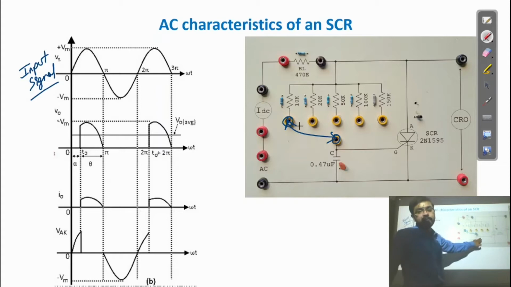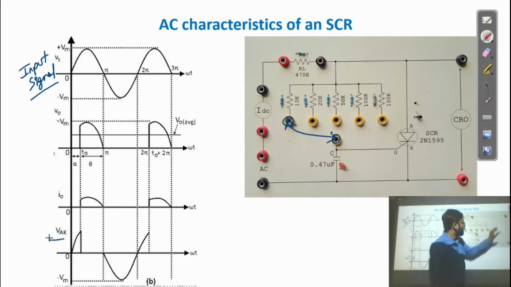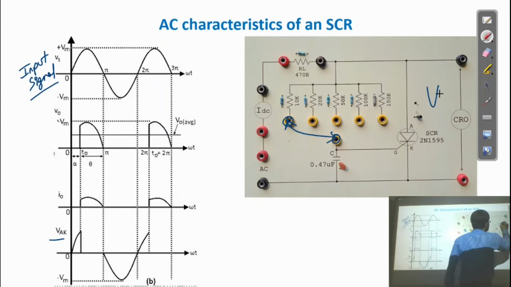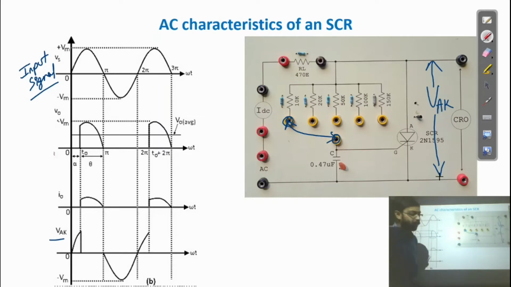That will charge the capacitor, and during the charging of the capacitor, this is VAK, it is nothing but the voltage across anode and cathode. We can see that it is charging up to a certain voltage.